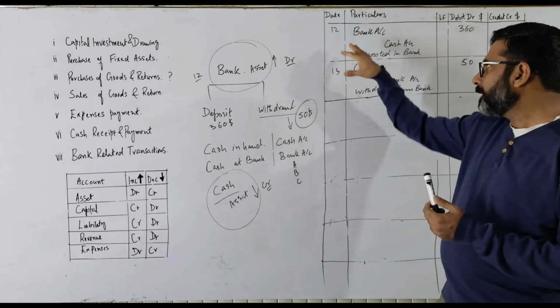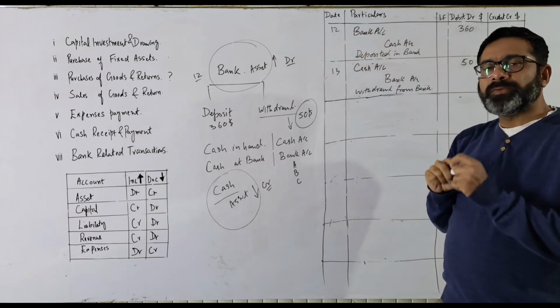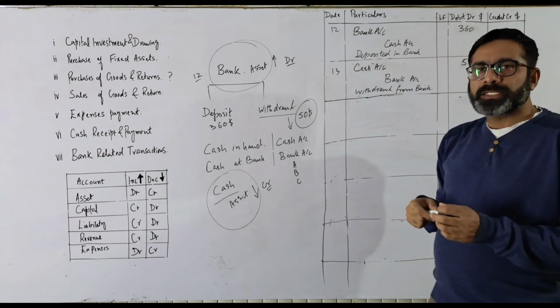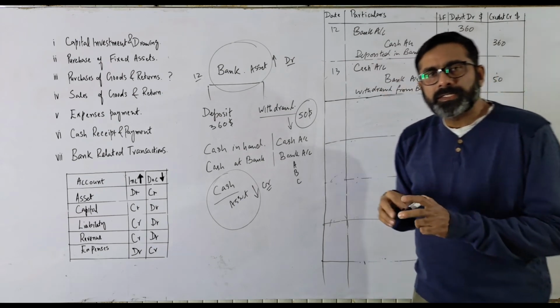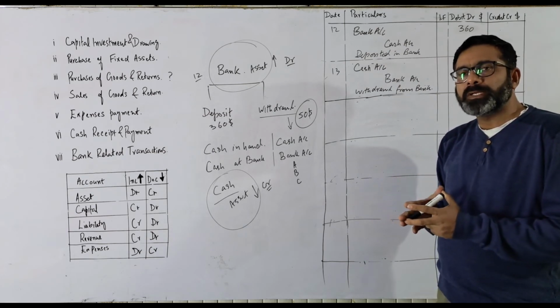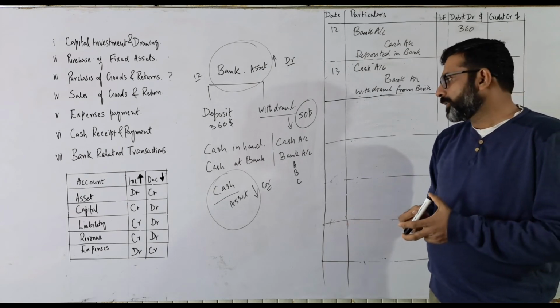If you are investing the money, you are depositing the money into the bank. So why are we using the word investing? Because sometimes the business has extra cash available. So they just deposit the money in the bank for investment purposes. Why investment? Because the bank may be giving them some interest.